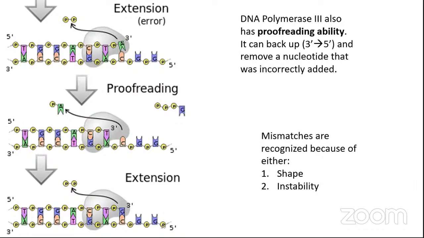So if by mistake one nucleotide is added wrongly, it can move back in the 3' to 5' direction, remove that, and add the correct base in that position. So these mismatches are recognized by either the shape of the nucleotide or the instability, in the sense it will not be complementary in base pairing. So that can be recognized as a mismatch, and this can be rectified by the proofreading ability of this DNA polymerase 3.